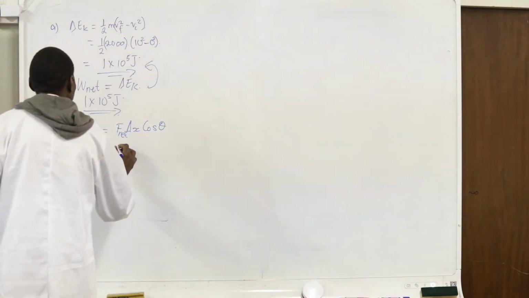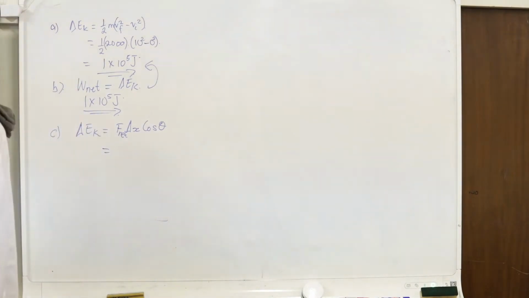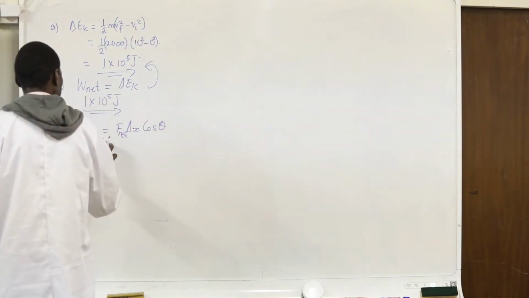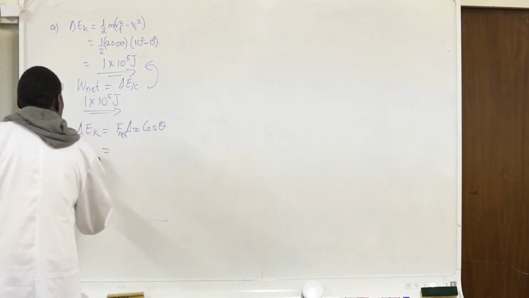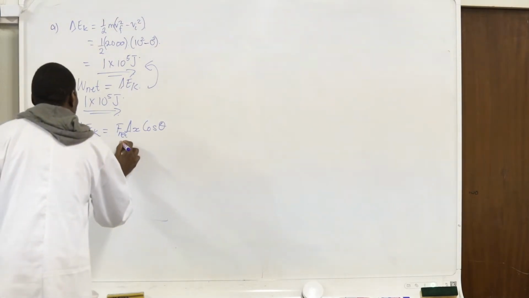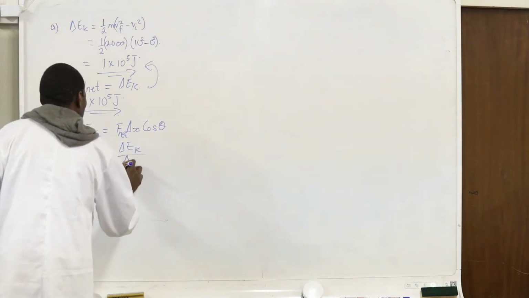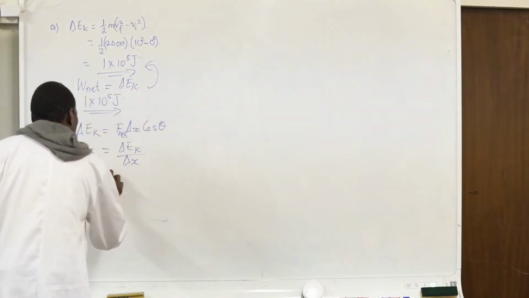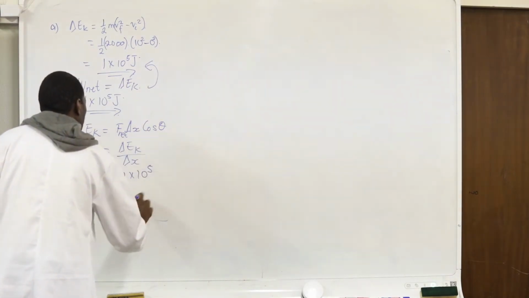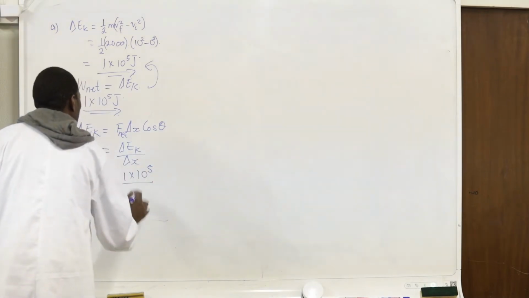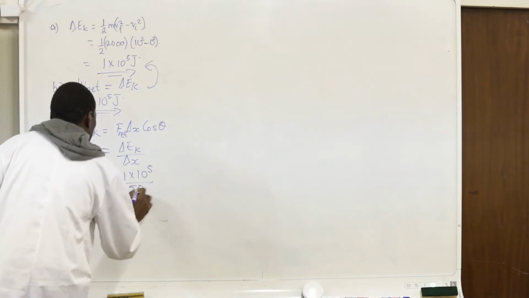Therefore, we have already got the Ek. So our F net is equal to change in Ek divided by change in x. That gives us 1 times 10 to the power of 5 joules divided by the distance, which is in meters, perfect, 50.